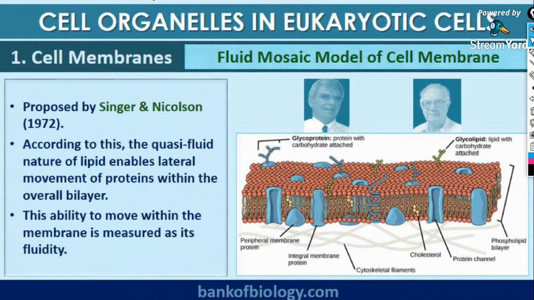Then, the fluid mosaic model of the cell membrane. It was proposed by Singer and Nicolson in 1972. What is this fluid mosaic model? According to this fluid mosaic theory, proposed by two scientists, Singer and Nicolson, the quasi-fluid nature of the lipid enables the lateral movement of proteins within the overall bilayer.